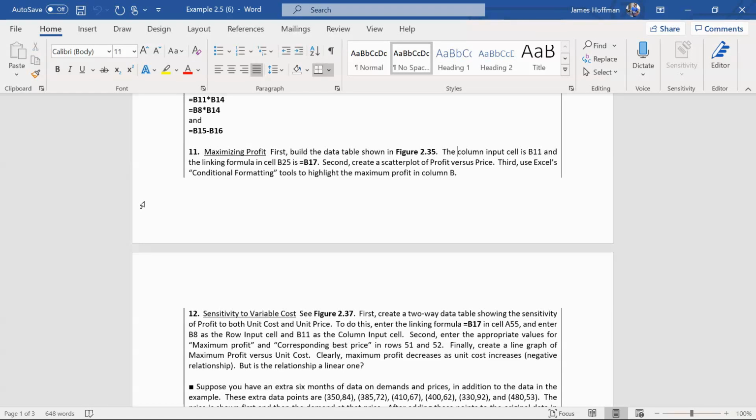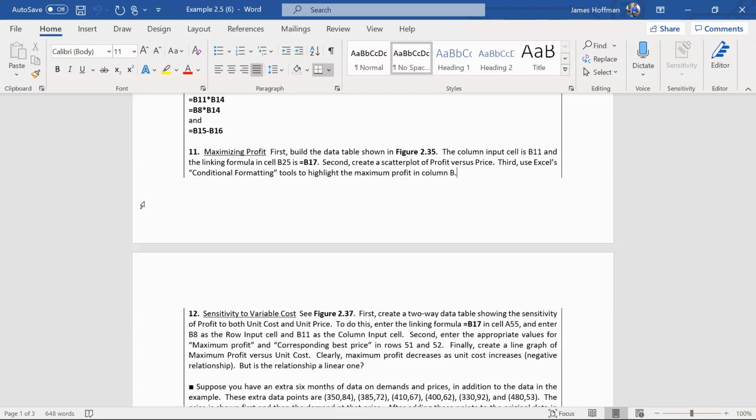The column input cell is going to be B11, and we're going to link the profit to the data table, which is B17. We'll get a scatter plot of profit versus price. Then we can find the maximum profit, and the associated best price to charge.